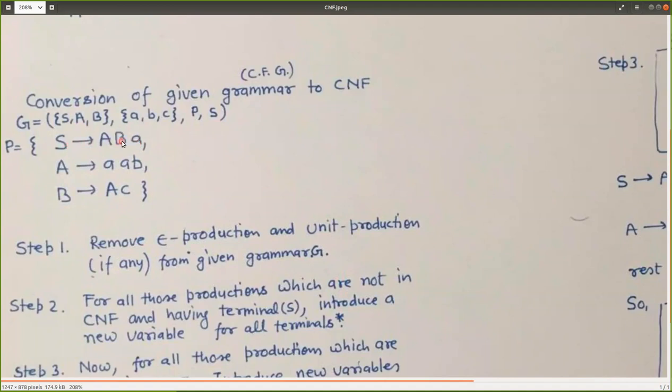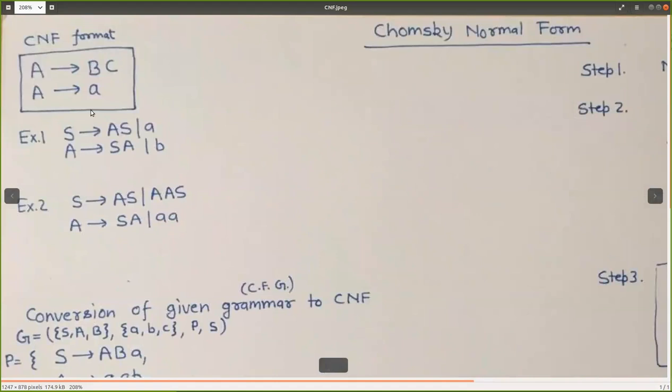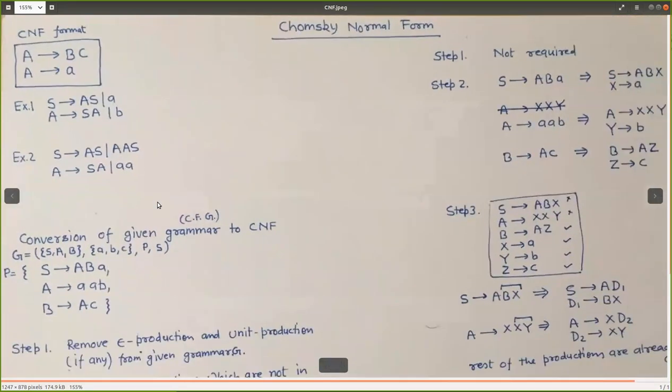Now, this production is neither in this form nor this form. So due to this production, the given grammar is not in CNF. We have to convert it into CNF.